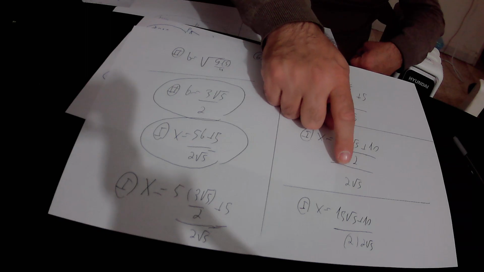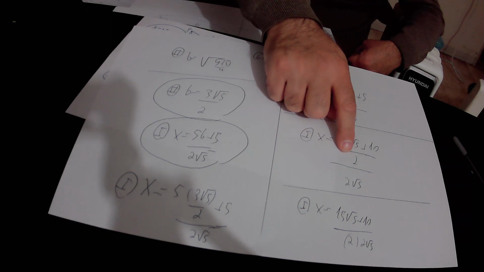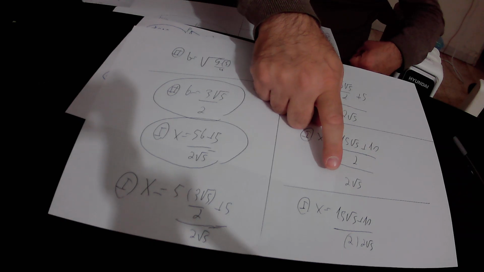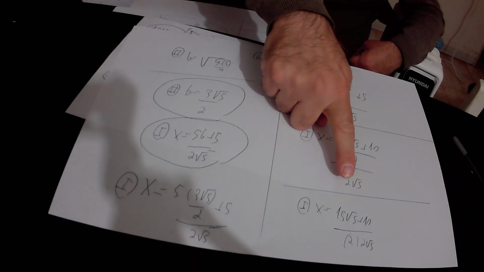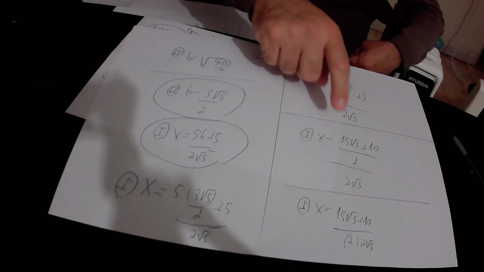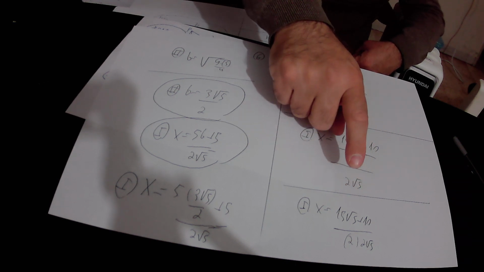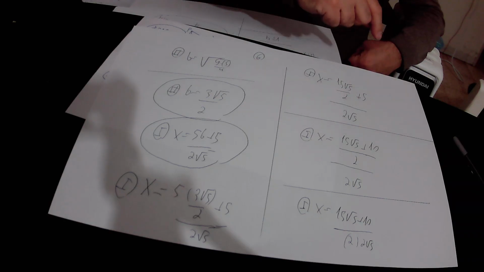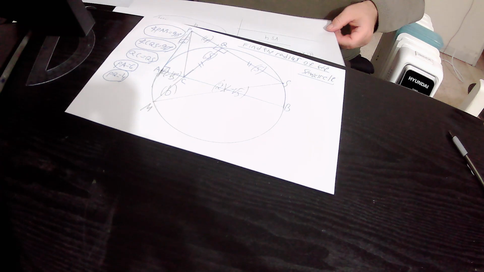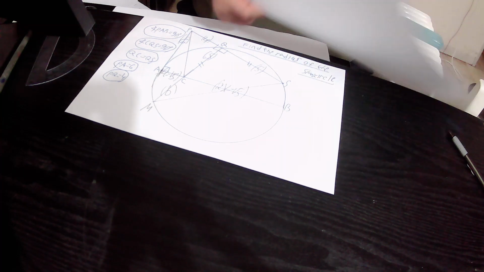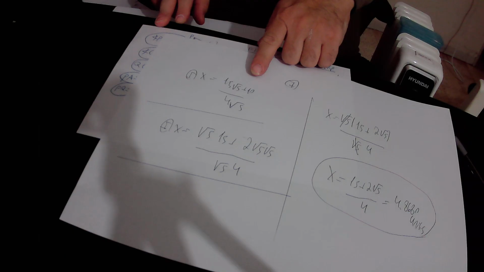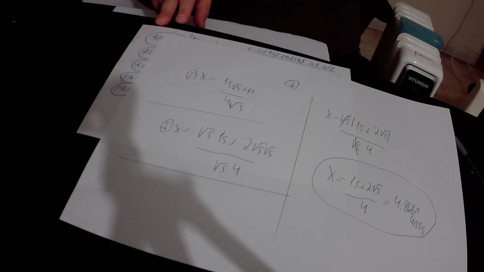Then we moved 2 times square root of 5 to the denominator here, and finally we found out that x equals 15 times square root of 5 plus 10, over 2 times 2 times square root of 5. 2 times 2 is 4, so in total in the denominator we have 4 times square root of 5. Again, x equals 15 times square root of 5 plus 10 over 4 times square root of 5.